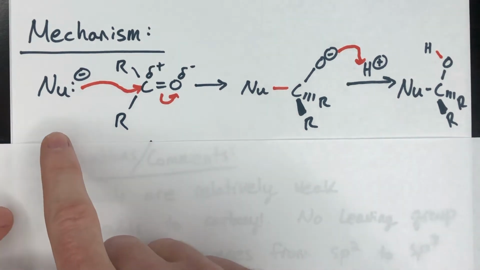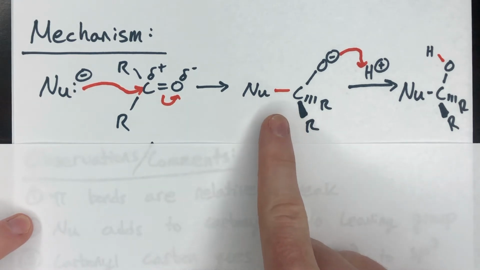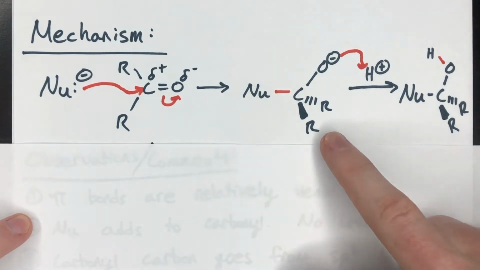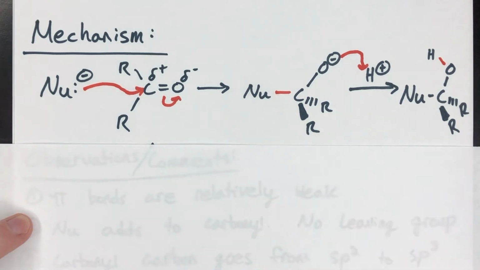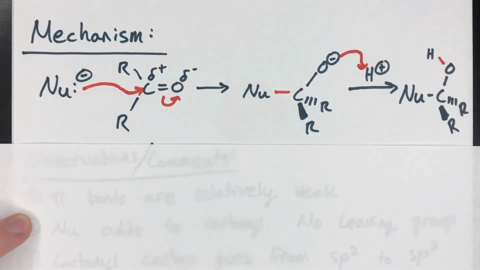Once that occurs, the nucleophile will add to what was the carbonyl carbon, and it will add in the way that it has been drawn, and this will then create, depending on what your R groups are, a chiral compound. Depending on the identities of R, it may or may not be chiral, because if the R's are identical, then it won't be chiral and you don't have to worry about this.